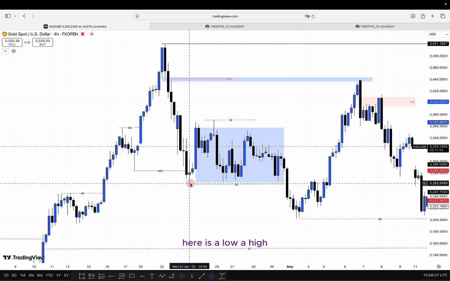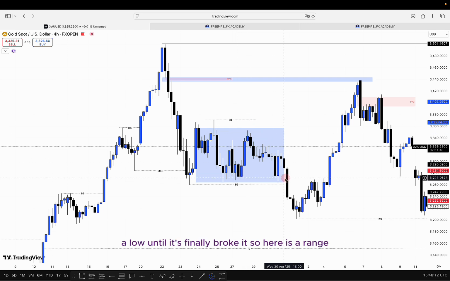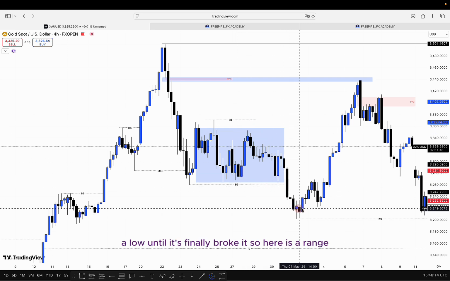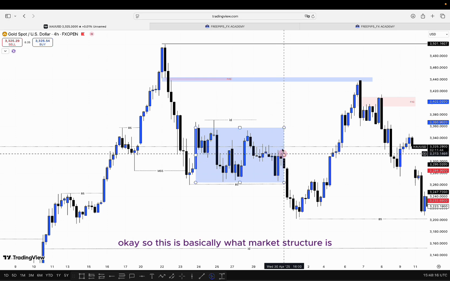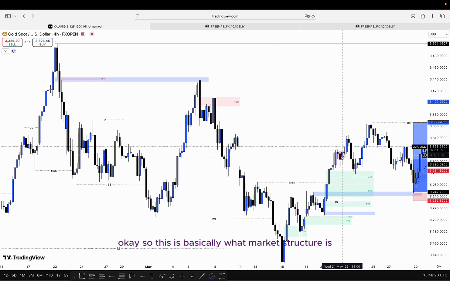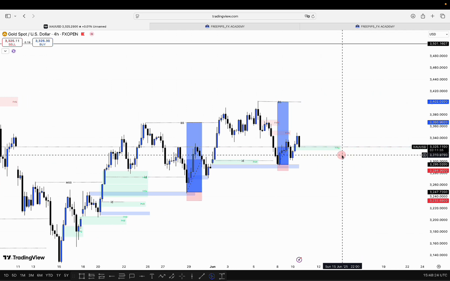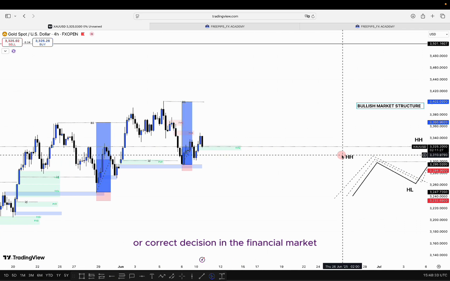Here is a low, a high, a low, a high, a low, until it finally broke it. So here is a range. Okay, so this is basically what market structure is. Understanding this will skyrocket your trading profitability, and you will always make informed and correct decisions in the financial market.